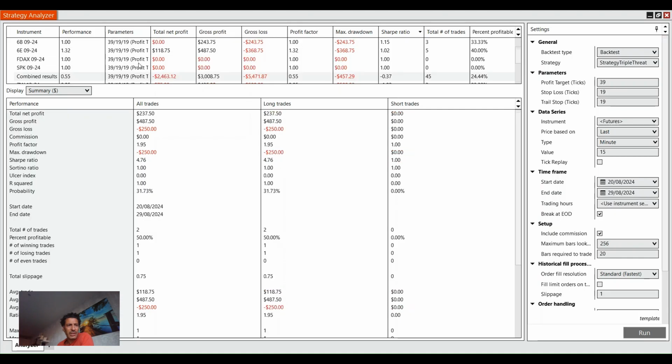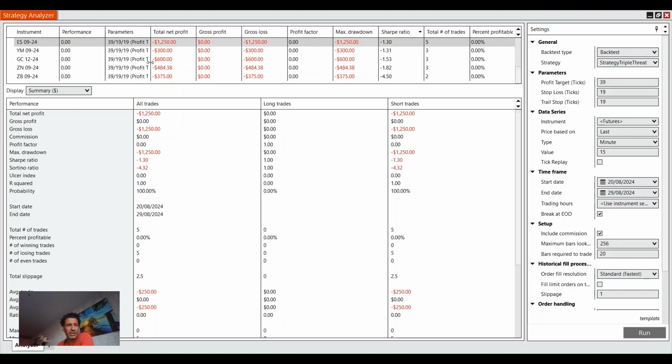If I check the mini ES here, it's actually at a loss. So when I test this, I would just go for those two on the top and use them, I mean, if we trust Strategy Analyzer 100%, but I wouldn't.